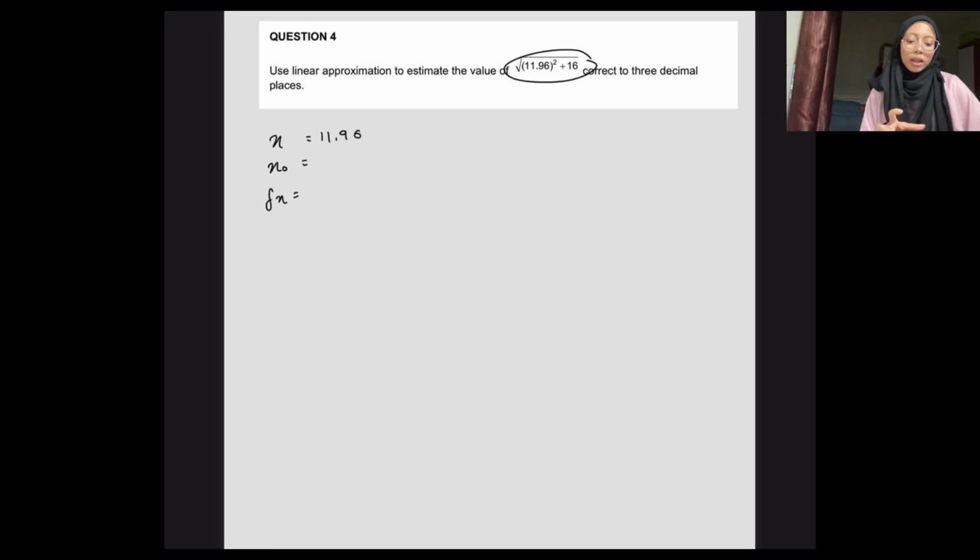So the closest number to 11.96 is 12. So that means our x naught equals 12. And as for delta x, we need to use the formula x minus x naught. So 11.96 minus 12, we will get negative 0.04. So our delta x is negative 0.04.